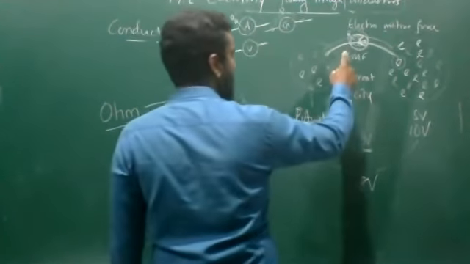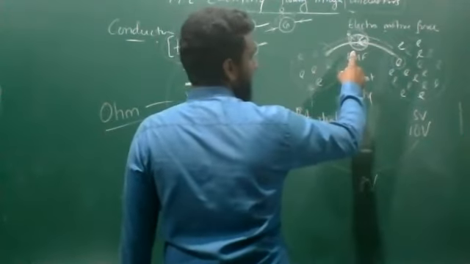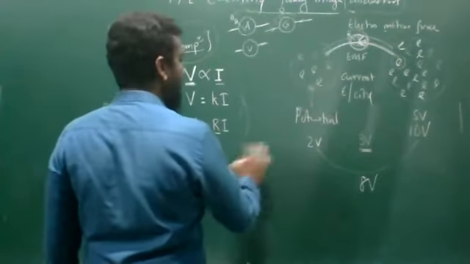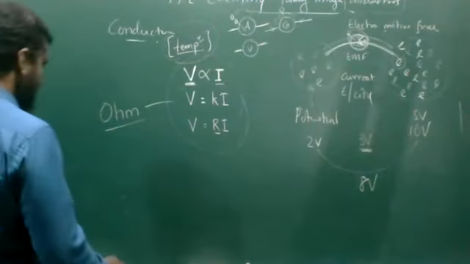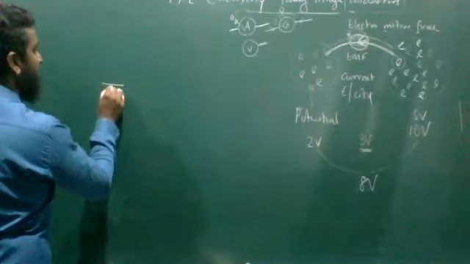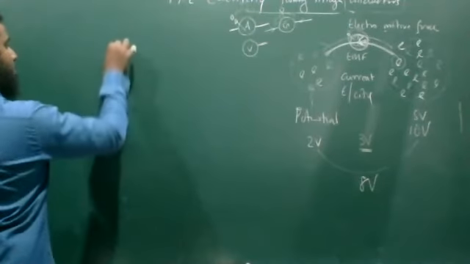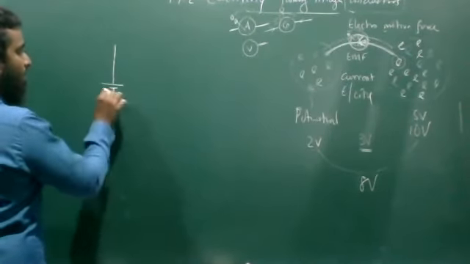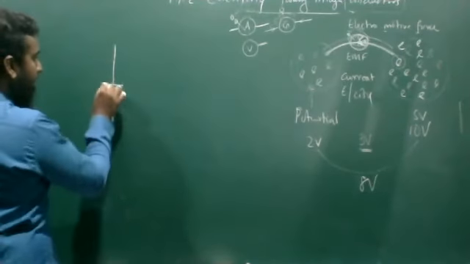we call this connection a series connection. Series connection means it should be connected in series. Consider a very small circuit like this. This is the symbol of a battery.